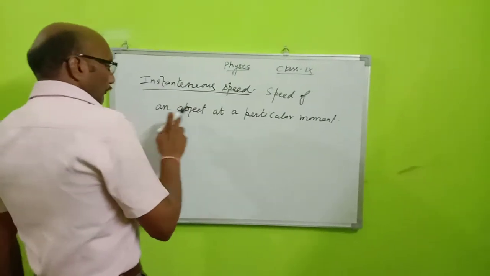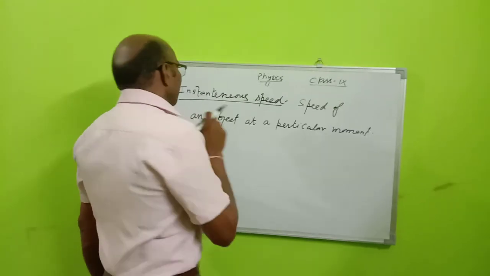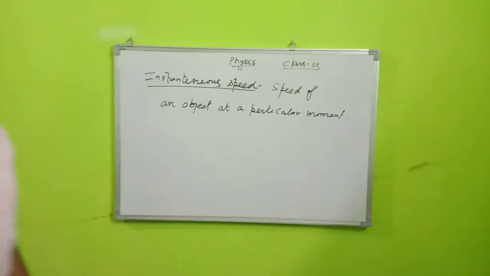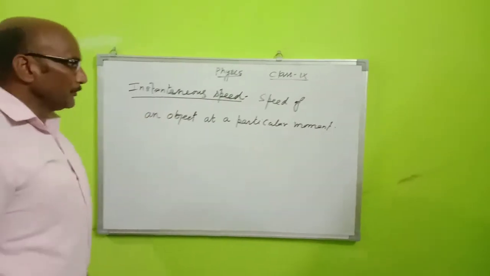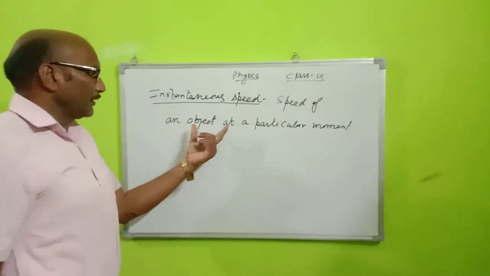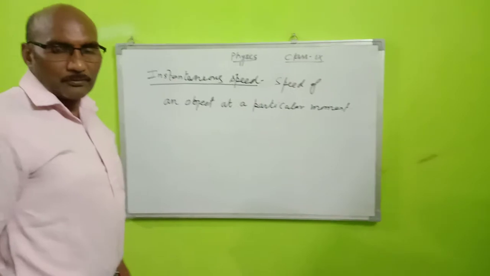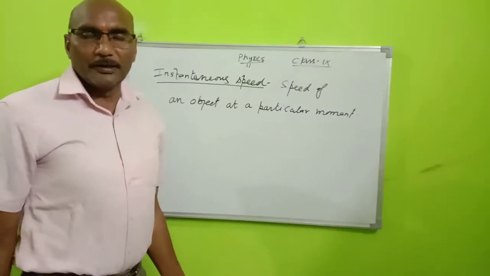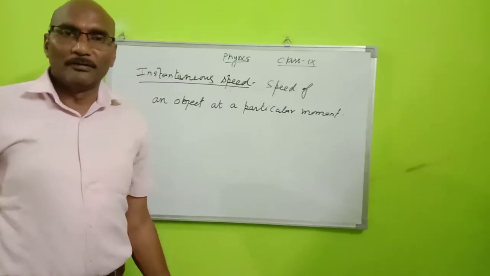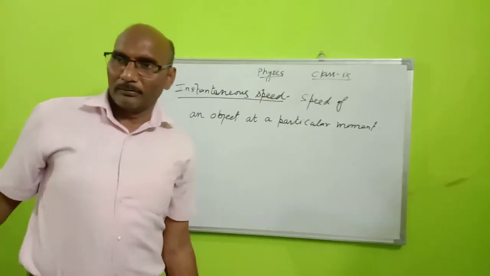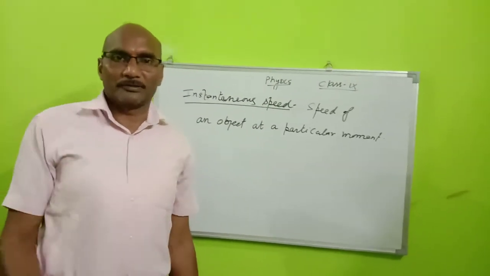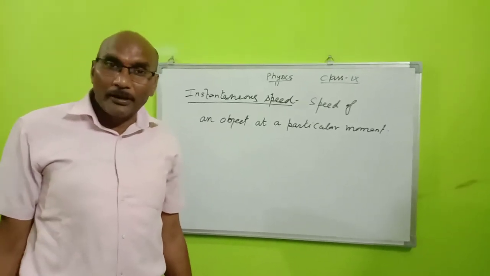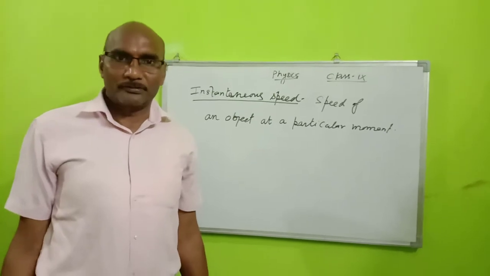Instantaneous speed means the speed of an object at a particular moment. So many examples we can see. In general life, when one vehicle was running very fast and a sudden accident occurred, we say the vehicle was running very fast.